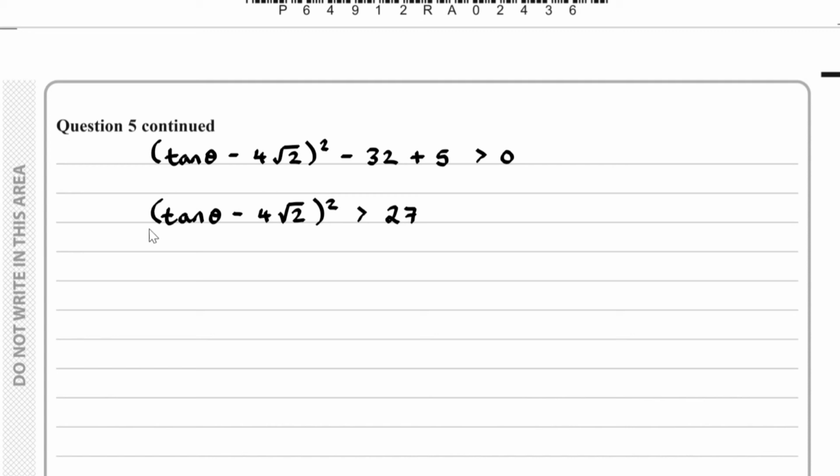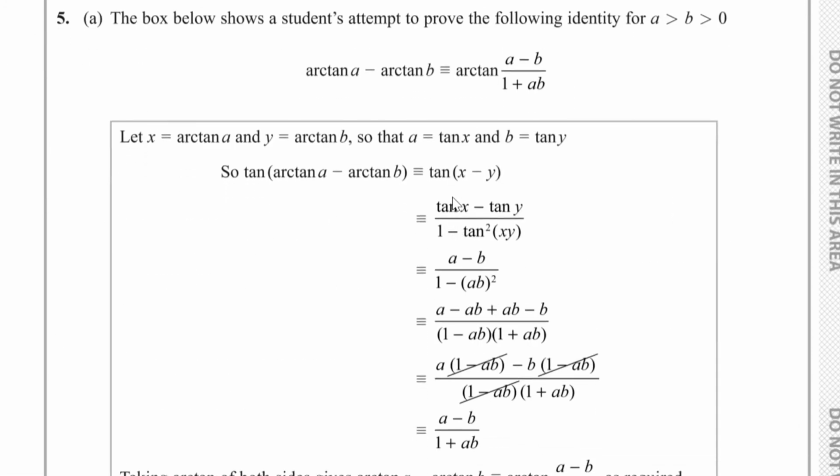And so what we will end up with for our critical values is tan theta equals 4 root 2 plus minus the square root of 27, which is 3 root 3. And what we need to do is find out beta minus alpha. So if we work out beta minus alpha, well, what we can do is use the result over here. That will equal the arctangent of the result shown here.